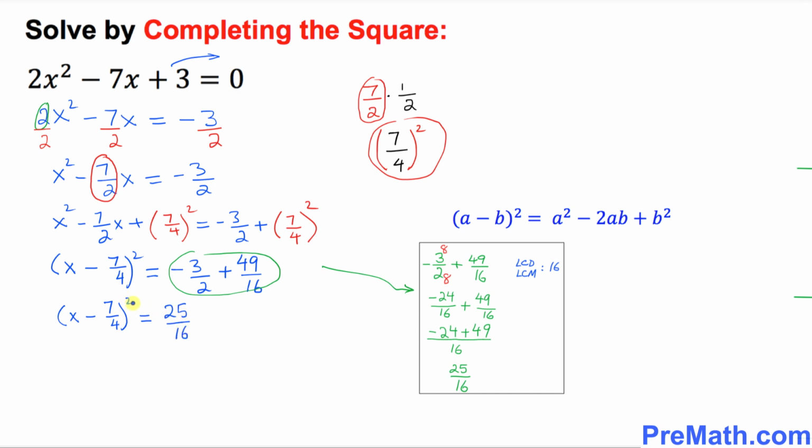Let's get rid of this square by taking the square root on both sides. Take the square root on this side and the square root on this side. The square and square root undo each other. We simply got x minus 7 over 4 equals positive or negative 5 over 4.